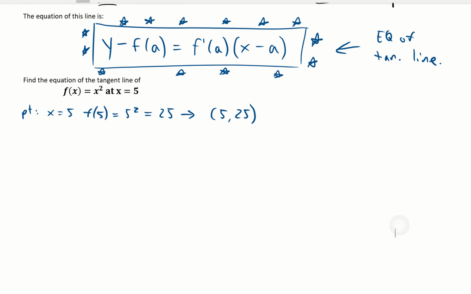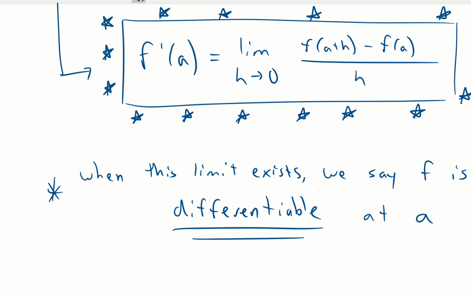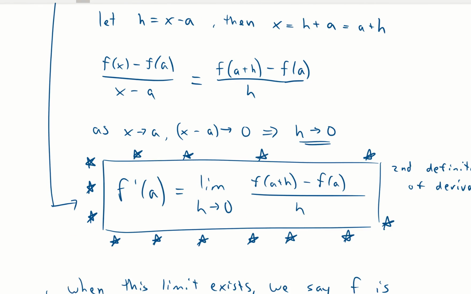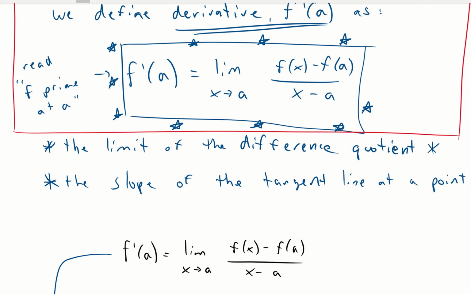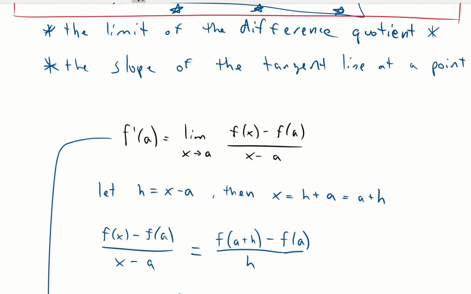Now I need to find the slope. We know that the slope is going to be given by the derivative at the point. So slope is equal to f prime at the point we're interested in, f prime at 5. Well, now we need to use our definition of the derivative to figure that out. We'll use our first one, that x minus a version. We said that f prime at a is the limit as x approaches a of f of x minus f of a over x minus a.